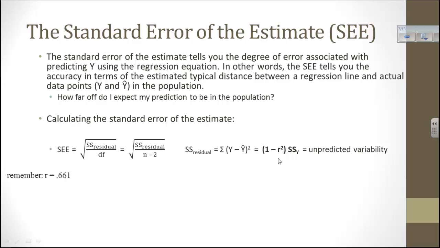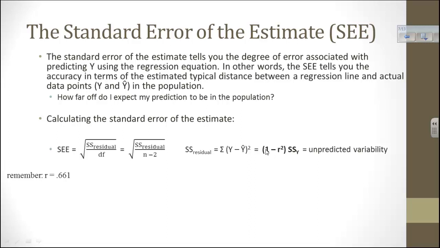Well, remember, a proportion can never exceed a value of 1. And 1 would represent the proportion of variability in y that's not predicted by the relationship between x and y, and the proportion of variability or differences in y that is predicted by the relationship between x and y. You add those two things together, you would get 1 every time.